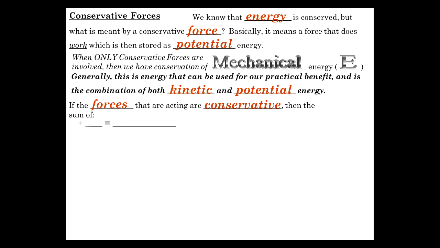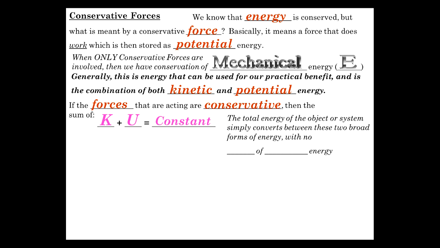So if the forces that are acting are conservative, then the sum of the potential and kinetic doesn't change, it's constant. That's the key thing. So it can convert from one to the other. If you drop a ball, it starts with mostly potential energy, and as it falls, it converts to kinetic, but the total amount stays constant.